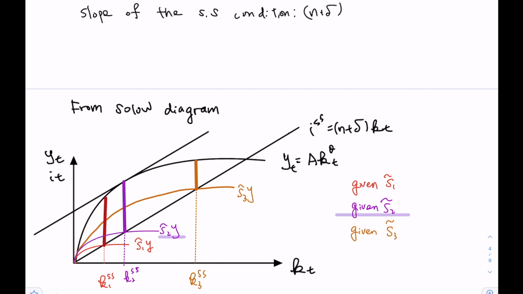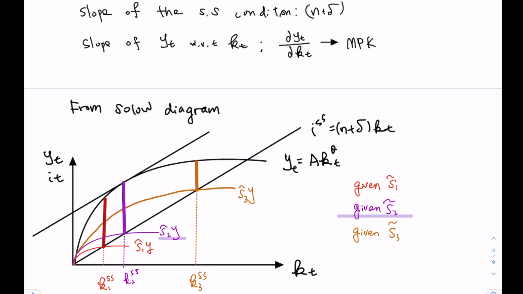And what we know is that for any line that is tangent to the production function, its slope is the marginal product of the capital. Therefore, to find the point that maximizes the consumption, we find a line that is tangent to the production function and, at the same time, parallel to the slope of the steady state condition.